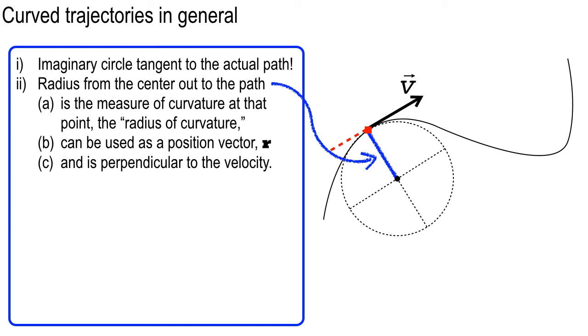I've got it written in blue as a line segment, but you can think of it as a vector pointing from the center of the circle to the point on the path. That is also a point on the circle, and so it is expressible as a location vector. It's perpendicular to the velocity.